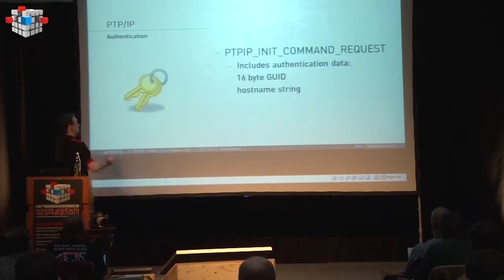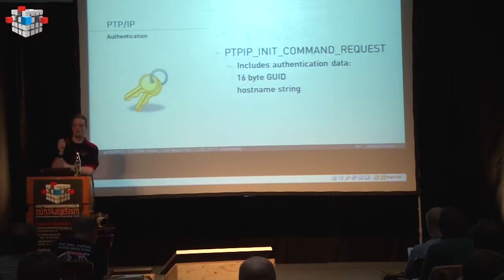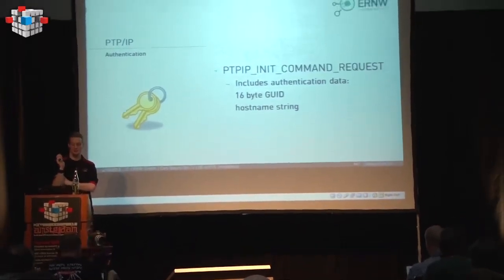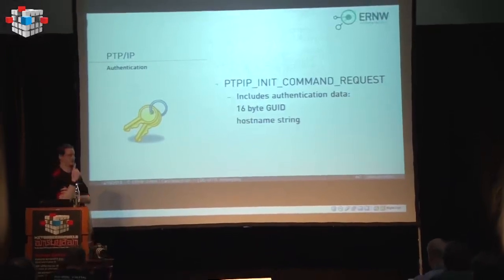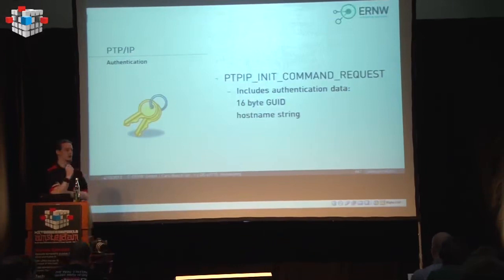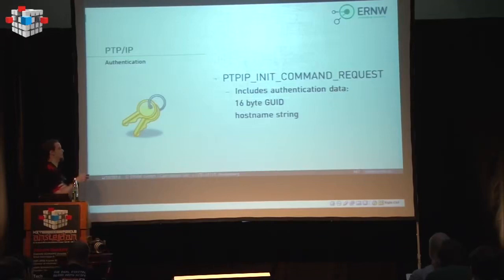There is one interesting packet type in the PTP-IP specification, which is the PTP-IP init command request. So this is more or less where you start your PTP-IP connection. This is the initial packet you send to the camera for authenticating yourself or for opening a PTP-IP session.